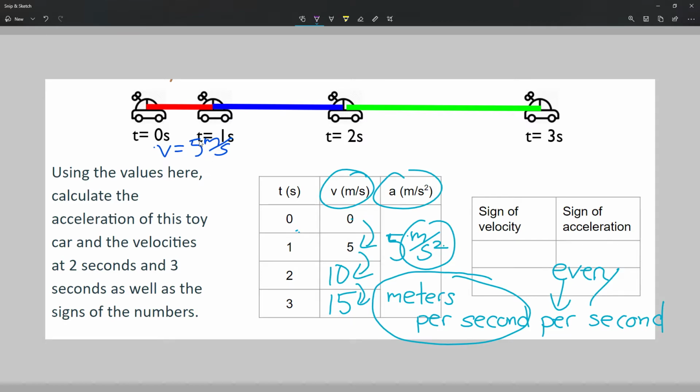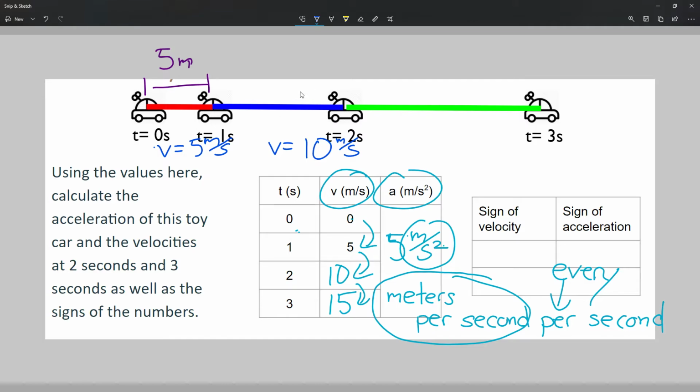What is the length I travel in that 1 second? Because if my velocity is 5 meters every second, every second I travel 5 meters, then I travel 5 meters. Now we move on, and our velocity here is 10 meters per second now.